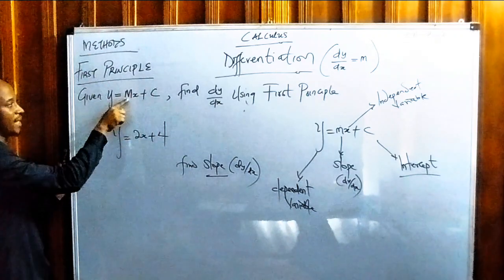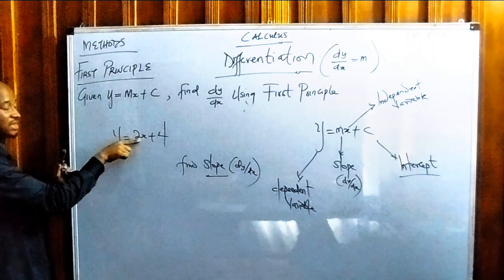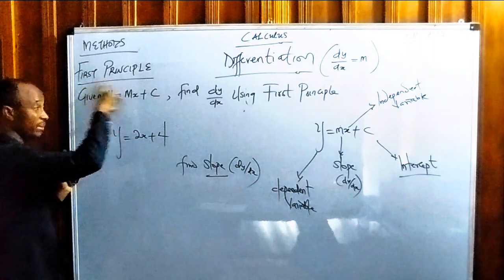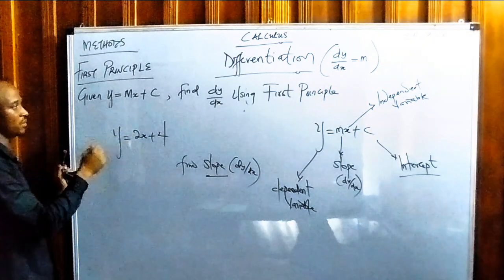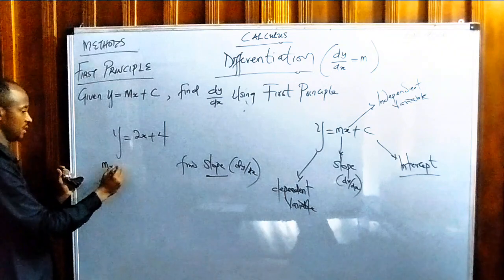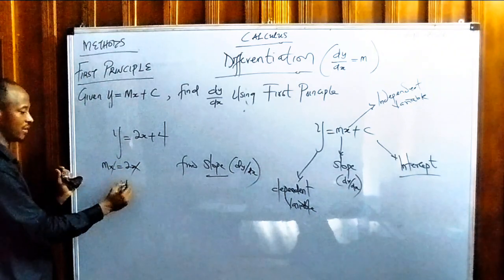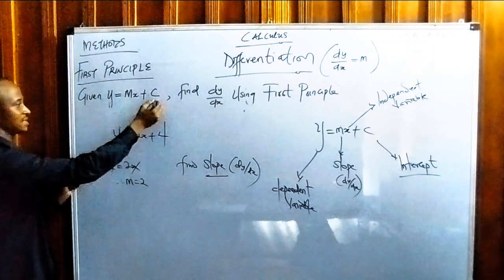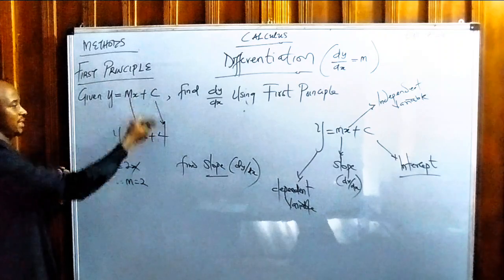When you compare, mx equals 2x, so x goes with x, therefore our m is 2. So the slope here is 2, while our intercept is 4.